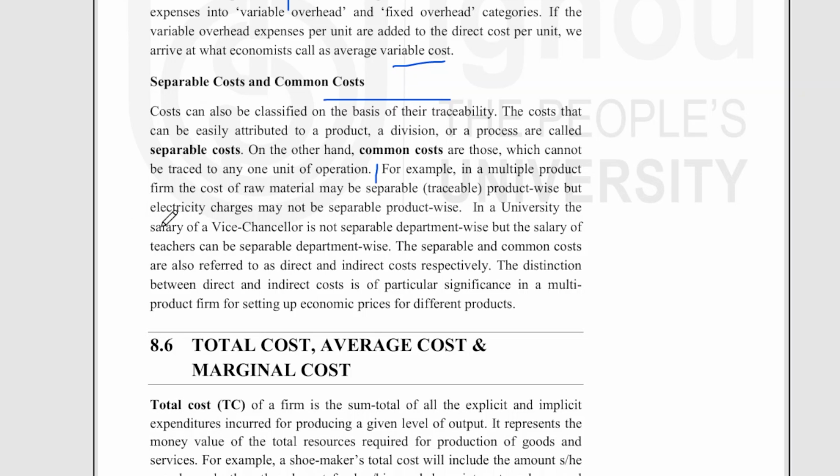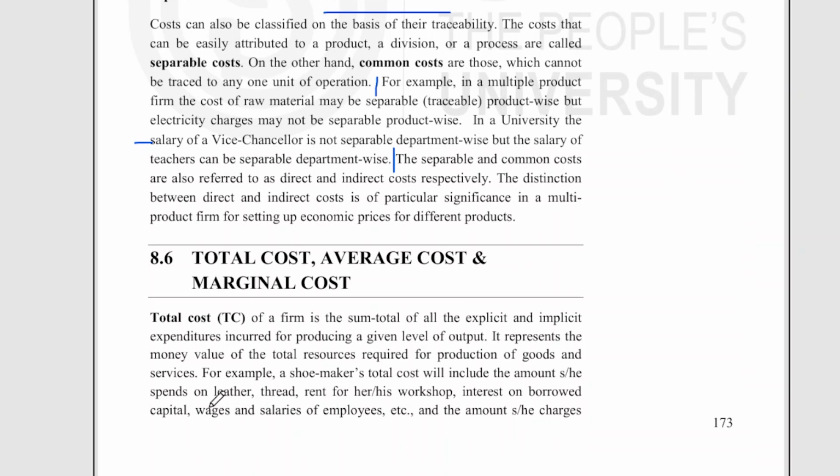In a university, the salary of a vice chancellor is not separable department-wise, but the salary of teachers can be separable department-wise. The separable and common costs are also referred to as direct and indirect cost respectively. The distinction between direct and indirect cost is of particular significance in a multi-product firm for setting up economic prices for different products.